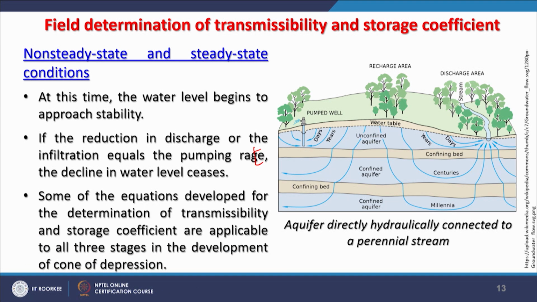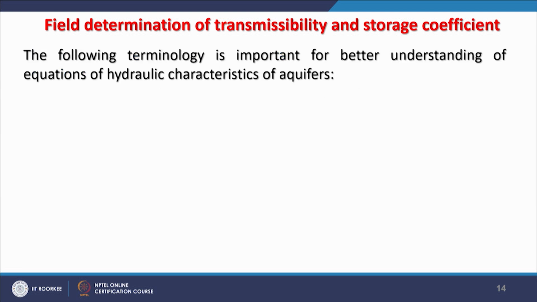Some of the equations which we have discussed or developed earlier for the determination of transmissibility and storability can be applied to all these three stages, that means initial stage, middle stage or later stage in the development of the cone of depression, because ultimately what we would like to know is the transmissibility and storage coefficient.